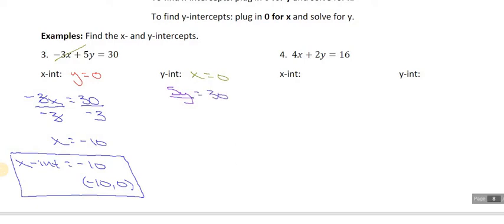So we divide both sides by 5, and y equals 6. So that means our y-intercept is 6, which would be represented as the ordered pair 0, 6. So the y needs to be 6, therefore the x is 0.